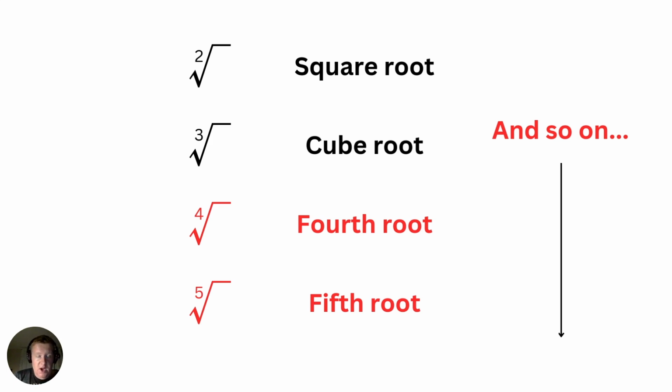Number 4 becomes a fourth root, and 5 becomes a fifth root. You must remember to put those index numbers in first. But I highlighted these two in red, fourth and fifth root, because we're not going to talk about these in this video. We will talk about those in future videos, but I don't have time to explain these two today, so we will explain them in the next video.